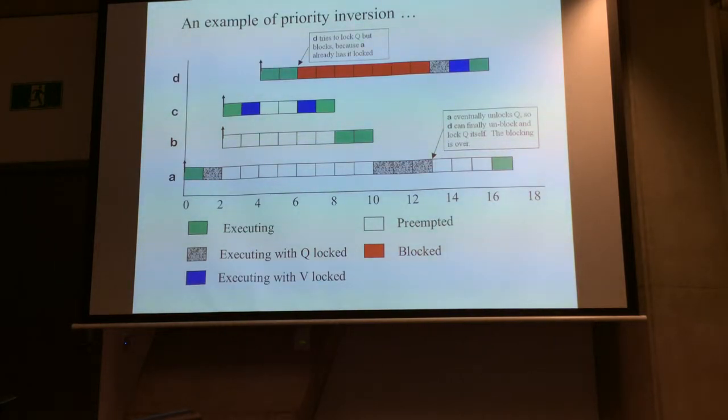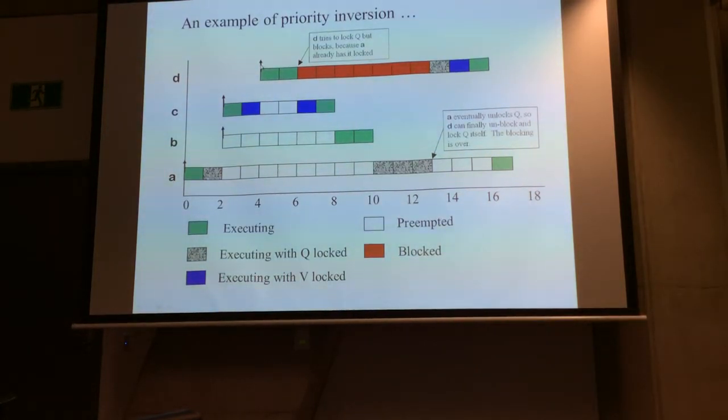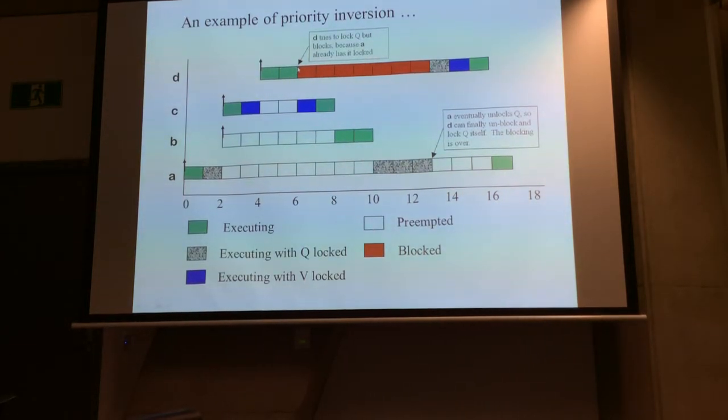So there's some other resource in the system, and C gets hold of that. That's fine. And it uses it until time t equals 4, when the triggering event for the highest priority task, task D, takes place. So D starts to run, and it runs for 2 time units, but then at time t equals 6, we've got the problem occurring.